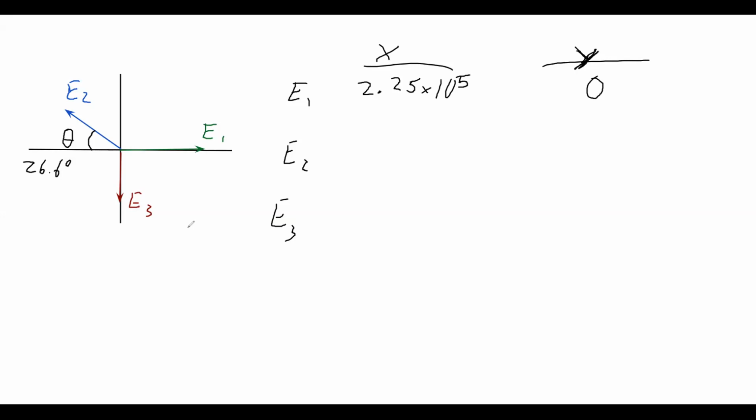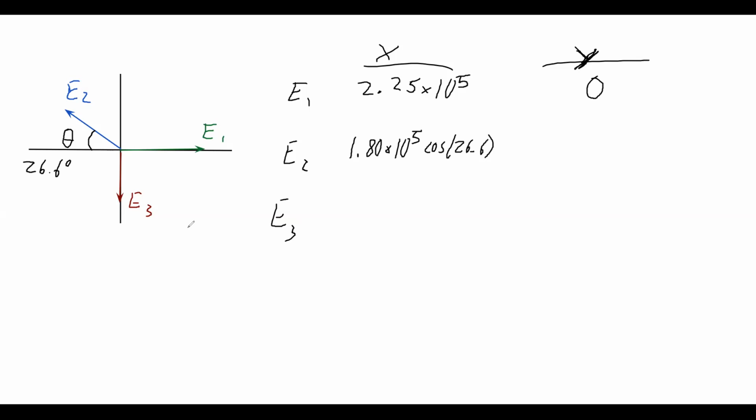E2. Now E2, it has an angle there, so we're going to have to use components, right? We're going to have to use sines and cosines. So to get the x component, the angle is adjacent to the x-axis, so we're going to use cosine there. What was E2? E2 was 1.8 times 10 to the 5. So it'd be 1.8 times 10 to the 5 times cosine of my angle, 26.6.